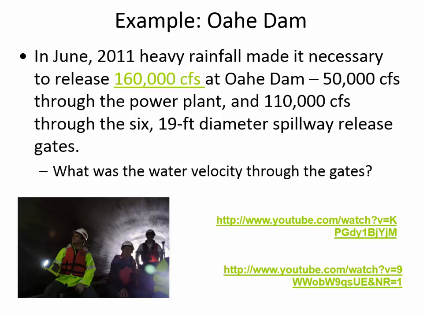You know, we could have thrown in something and watched it zip away and maybe tried from frame to frame to see how far it went. That'd be one way of quantifying the velocity, but let's do it this way. We know how much water is going through the power plant and how much is going through the gates. And so find the water velocity through the gates.